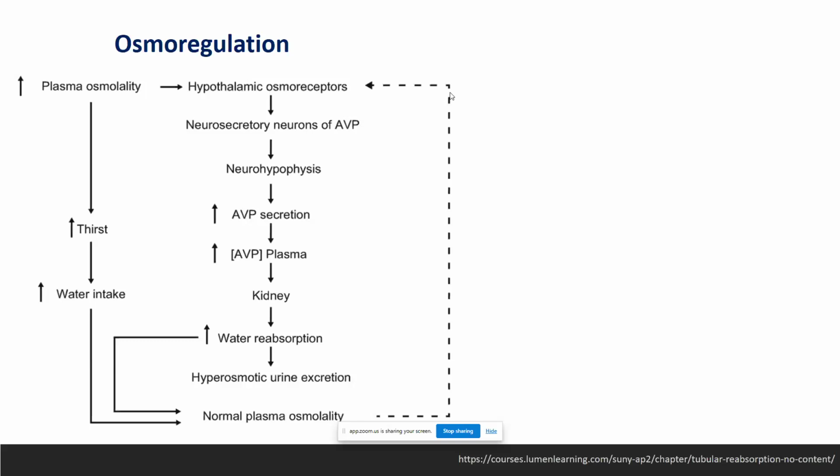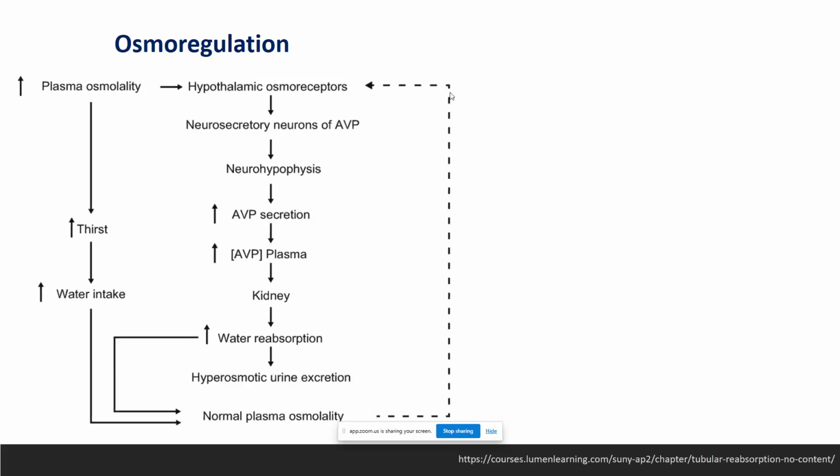If plasma osmolality decreases slightly, the opposite occurs. A low serum osmolality will suppress the release of ADH, so you've got a negative feedback loop, resulting in decreased water reabsorption and more concentrated plasma. As mentioned, this whole system is regulated by the hormone ADH.